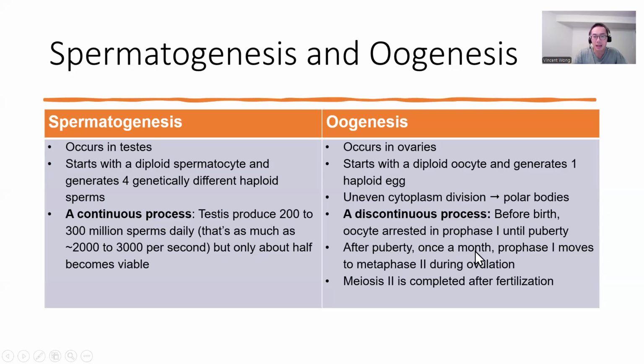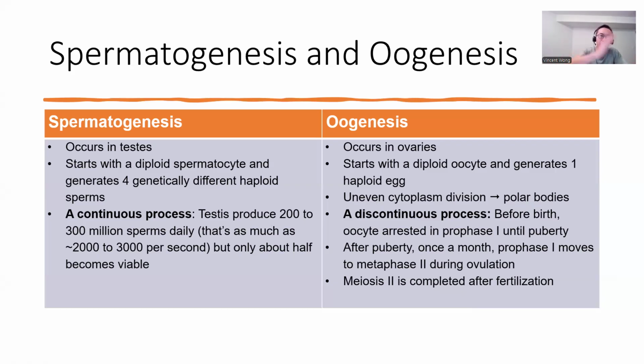After puberty, every cycle, not necessarily a month, but every cycle, one of the eggs is going to be selected, and it's going to continue the process of meiosis, and it will advance all the way to metaphase two. If it is not fertilized, then the body will get rid of it in the menses. If it is fertilized, then it will complete meiosis two and continue to become a zygote.